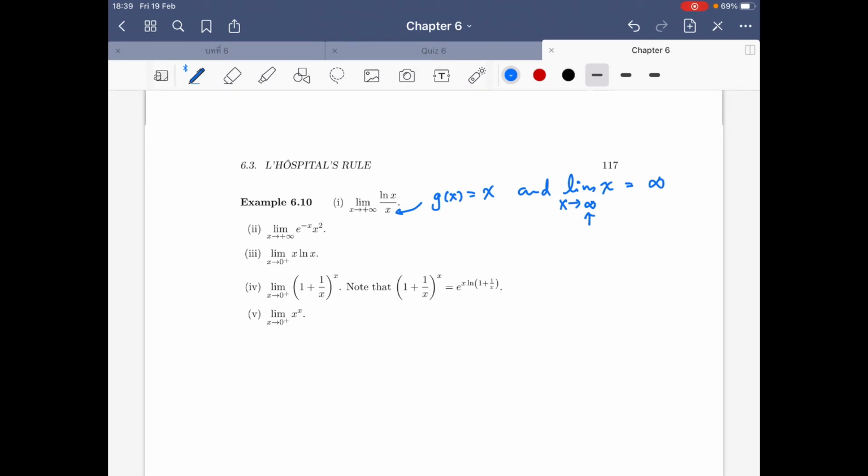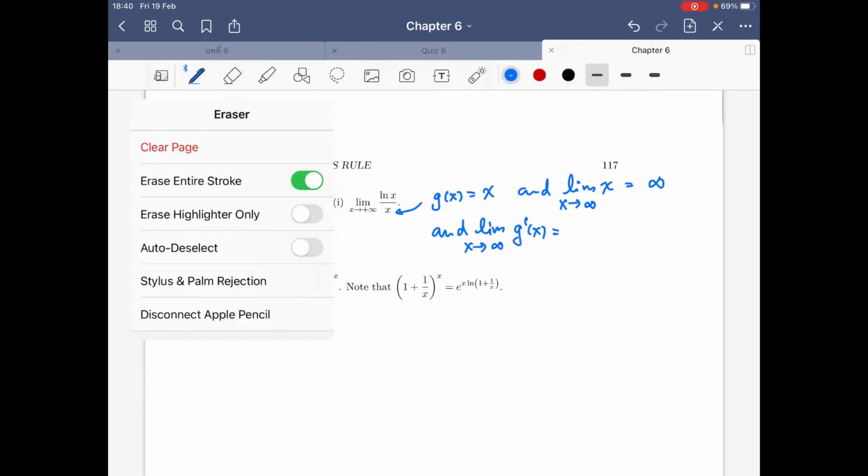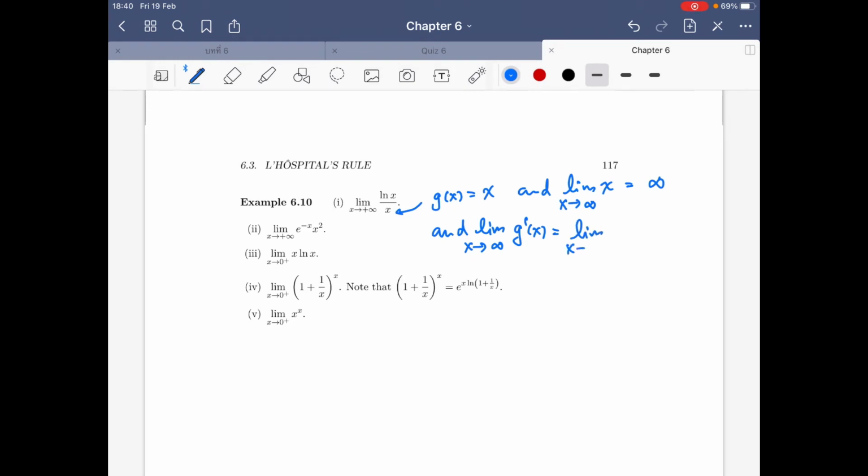The limit as x goes to infinity of g', which is the limit of 1, is 1, and it is not equal to 0 for every x in the real numbers.